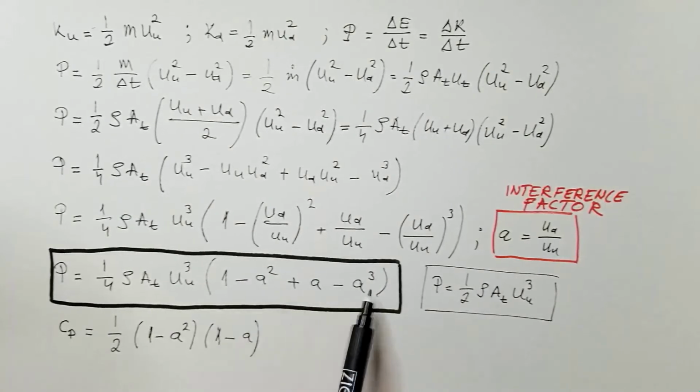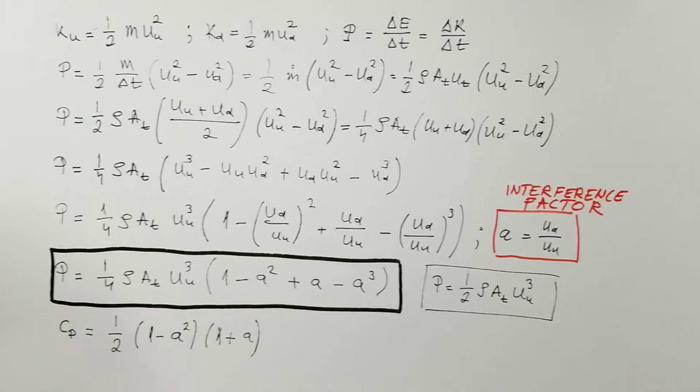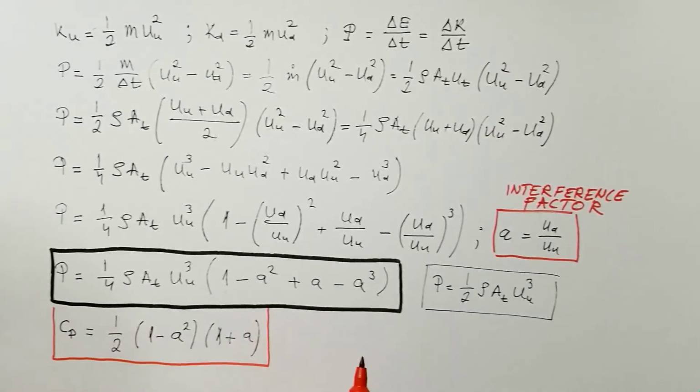What I did, I rewrote this term as this. Sorry, it should be plus here. You can easily convince yourself that this is equal to this, because 1 times 1 is 1, 1 times a is a, then we have negative a squared, which is this, and we have negative a to power 3, which is this. And this is also an extremely important result.